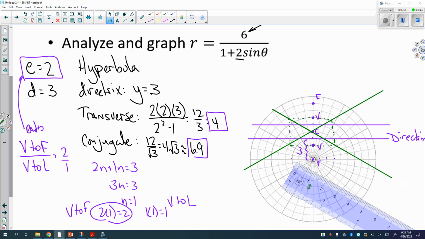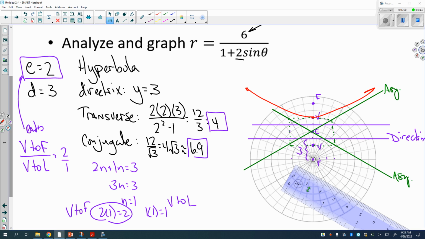So these green lines, those are asymptotes. So I use the conjugate axis to get how wide those should go. And then I can just sketch in my hyperbola. It follows right along there. Goes through the vertex, and I get that hyperbola that looks like that.